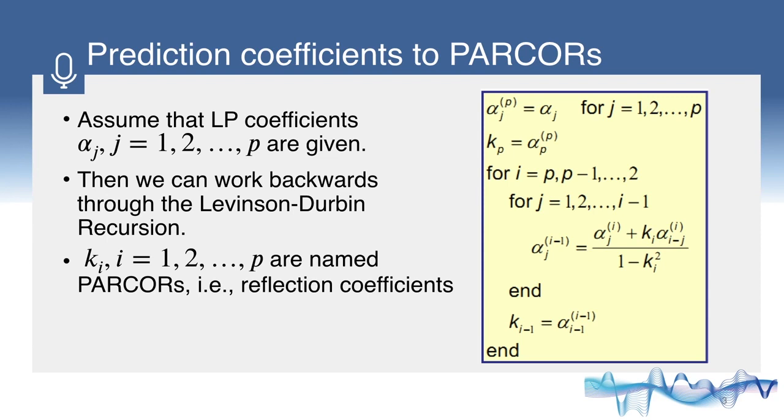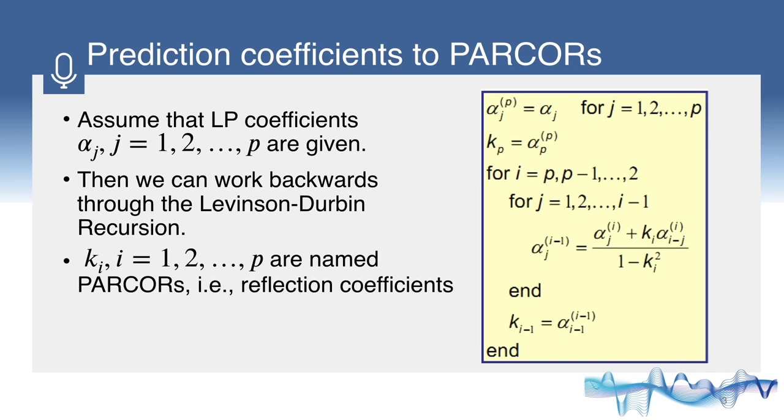The reflection coefficients are also called partial correlation coefficients, named PARCORs. There is a recurrent relationship between PARCORs and LP coefficients.